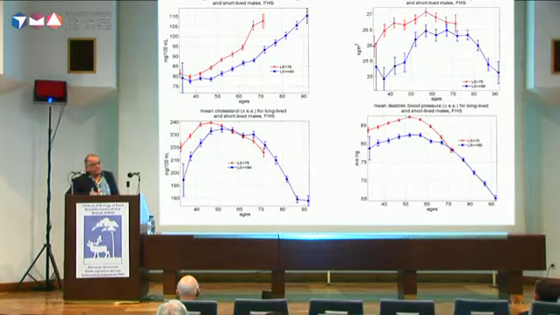In this slide you can see differences in the trajectories of the biological variables among those who had a short lifespan and those who have a long lifespan. You can see that differences are quite impressive.